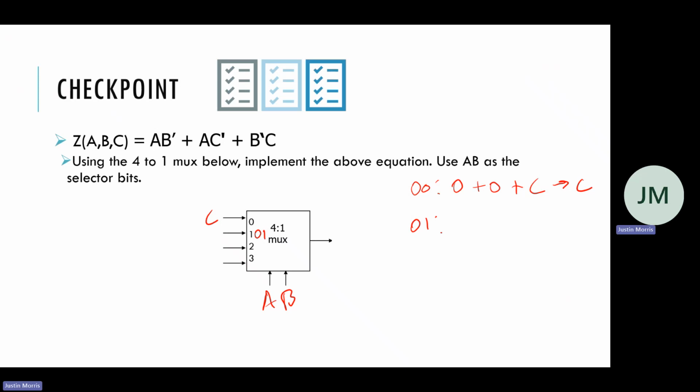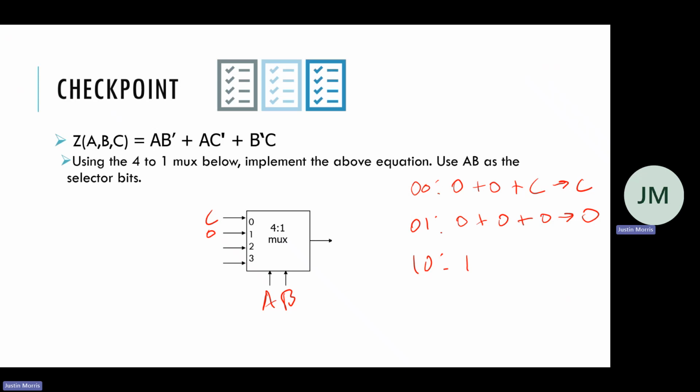All right, so now we have 0, 1. First term is again, second term is, and so this is 0. And then 1, 0. First term becomes, and then I was looking at the second term.